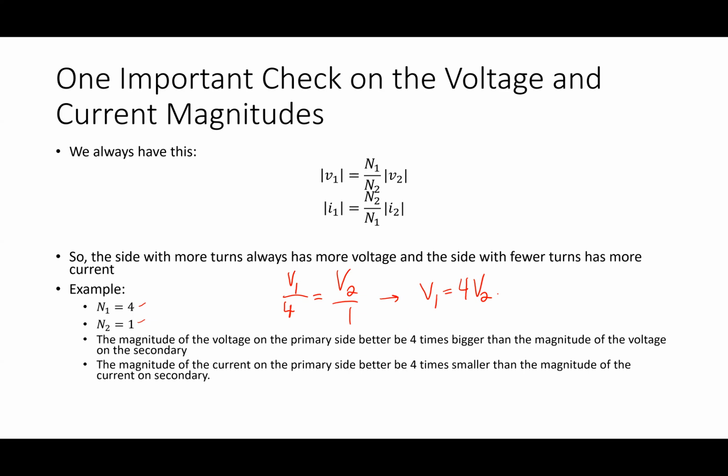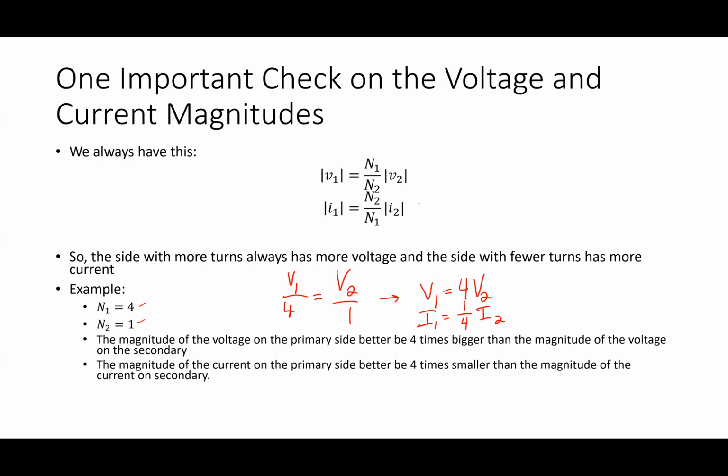Thinking about that power relationship, I1 is going to be 1/4 of I2. The voltage on the primary is 4 times bigger than the secondary, so the current on the primary is 4 times smaller than the current on the secondary.